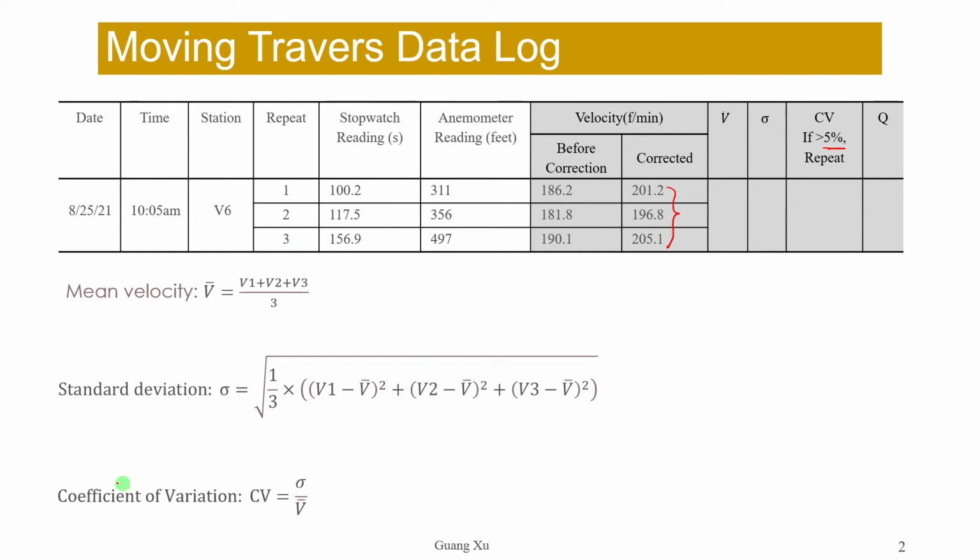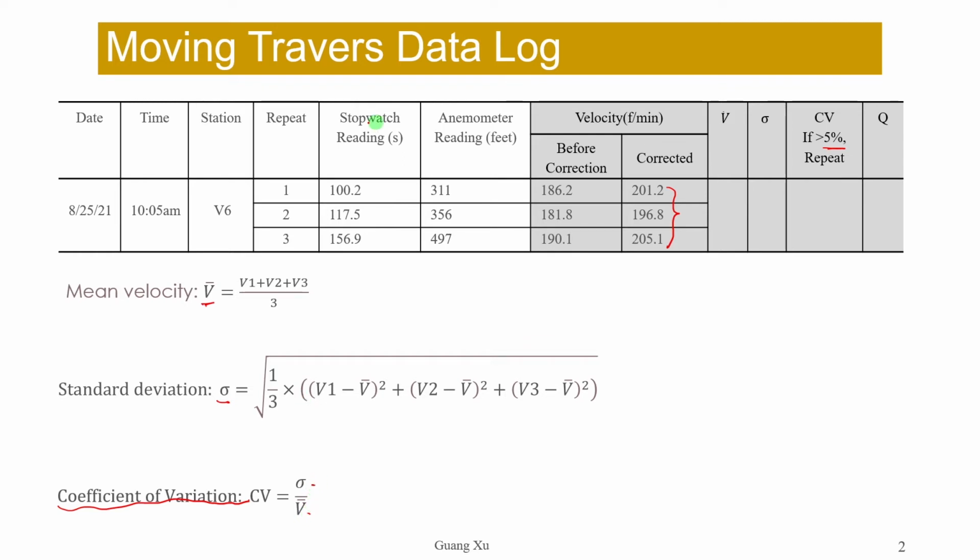Here, we use the coefficient of variation, CV, to quantify the error. The coefficient of variation is calculated by calculating the mean velocity and then calculating the standard deviation, and the standard deviation divided by the mean velocity, we get the coefficient of variation.